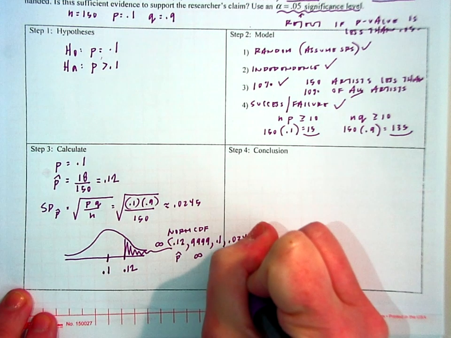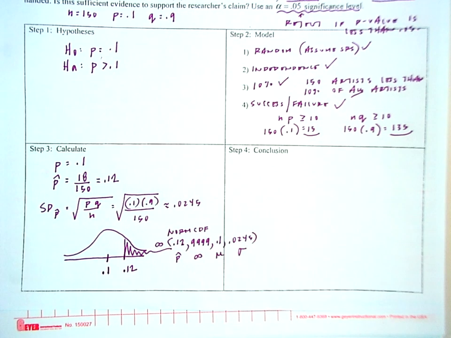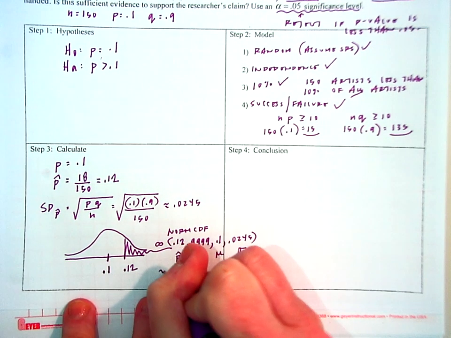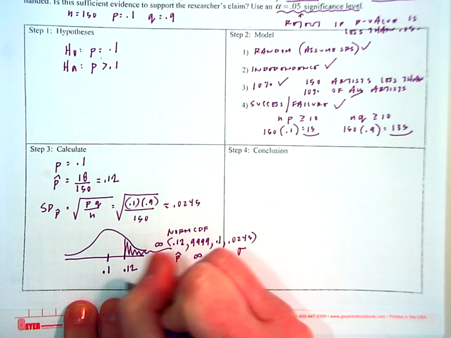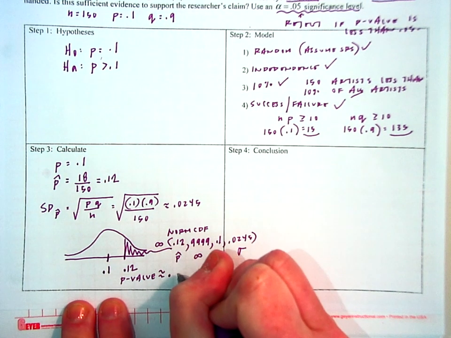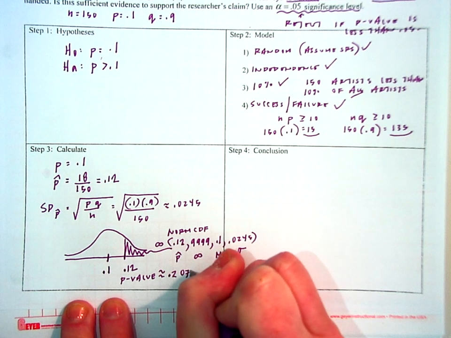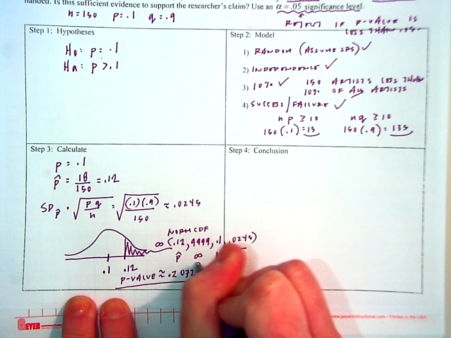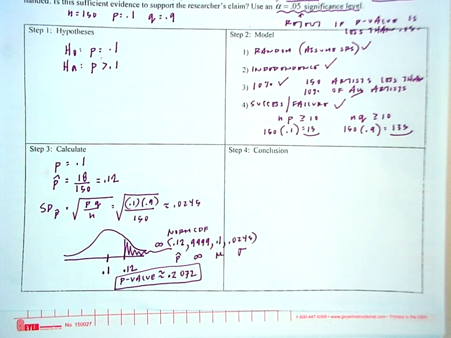And then here's my mean, and here's my standard deviation. So when I type all that in, I get a p-value, let me write that, p-value, probability value of 0.2072. Okay, so the likelihood, the probability of this occurring is 20.72%.